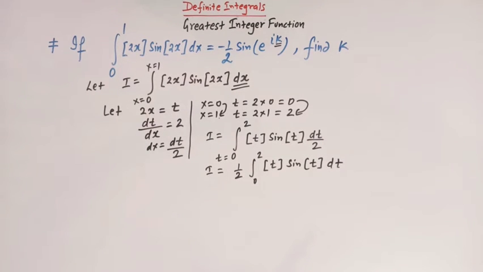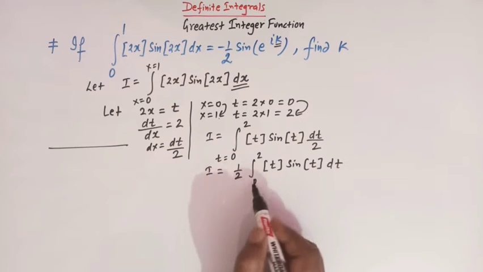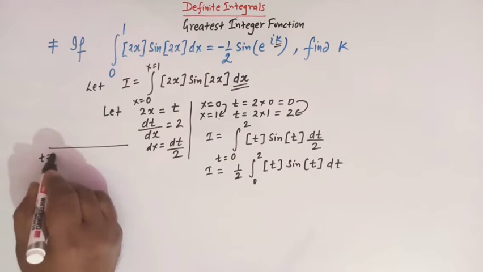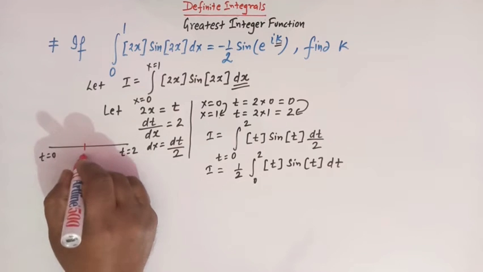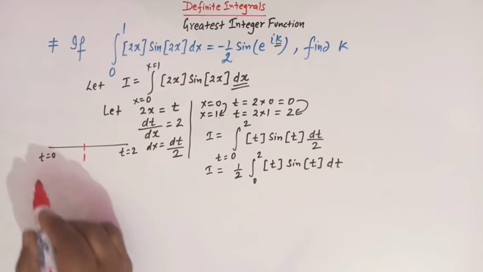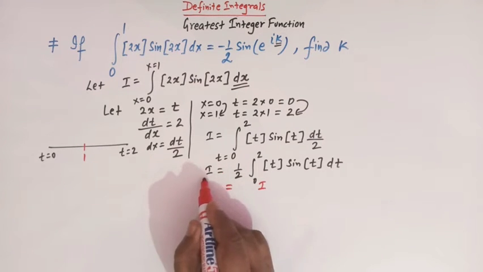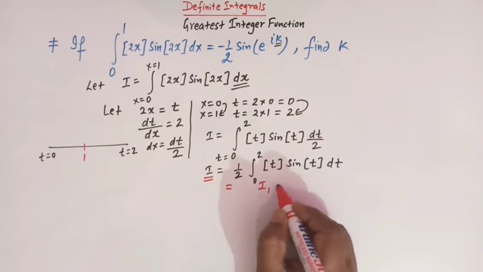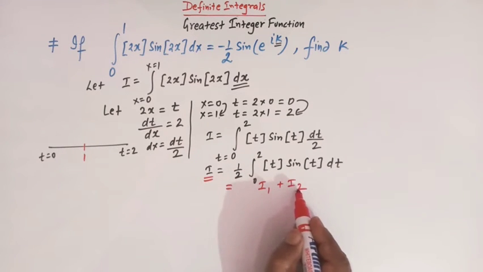Now we see that the value of t varies from 0 to 2, and between 0 and 2 the integer 1 lies. So we'll split this integral I as a sum of two integrals, I1 plus I2.